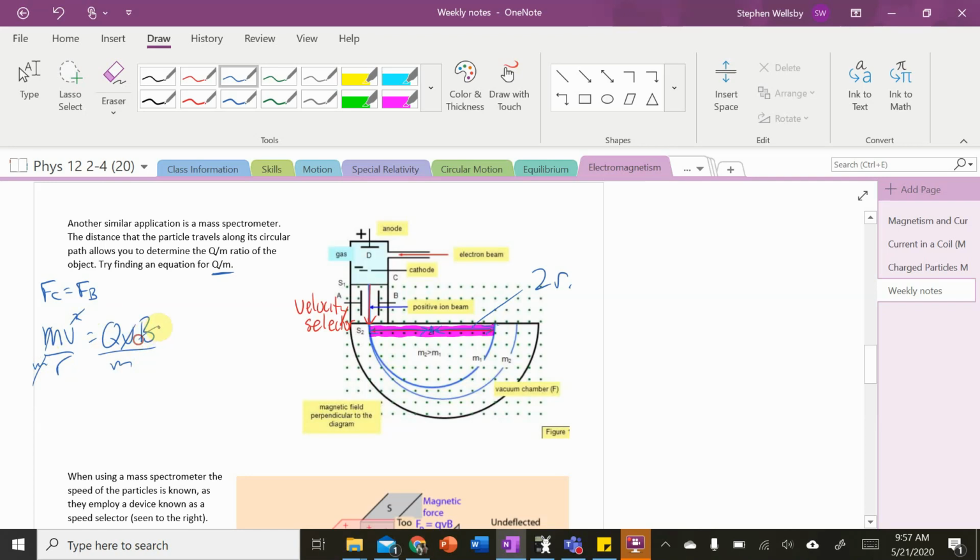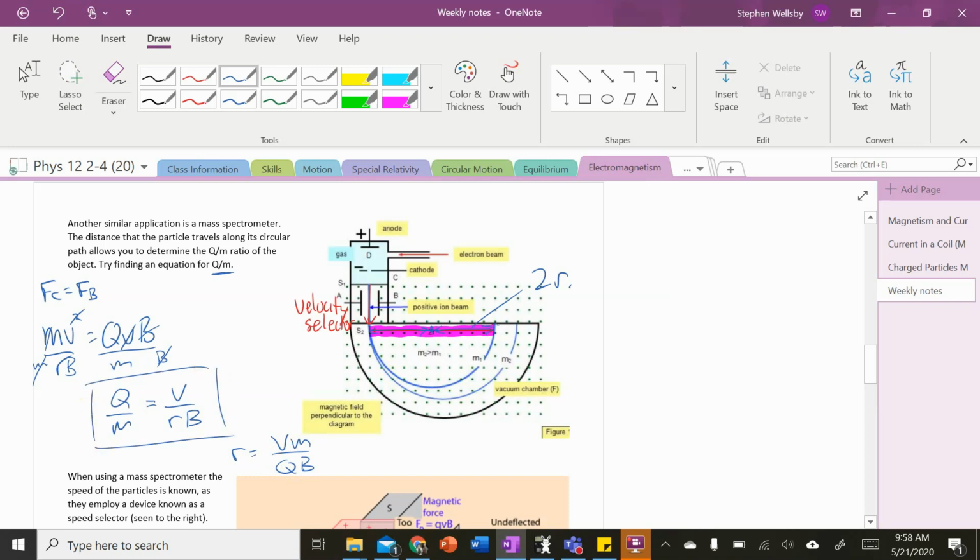I'm going to divide both sides by B. And so I'm going to have this charge per mass is equal to v divided by rB. And you can see that we could also isolate this for r. So r is going to equal vm over qB. And that will come in handy for the weekly assignment as well. So this is our charge to mass ratio.